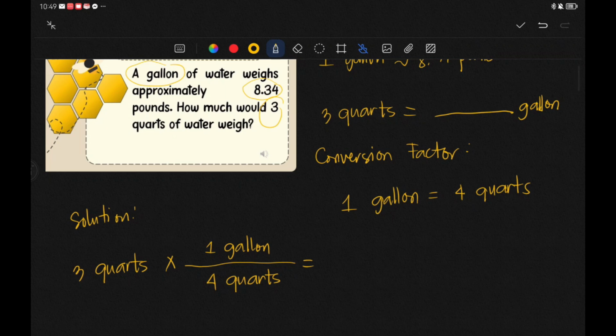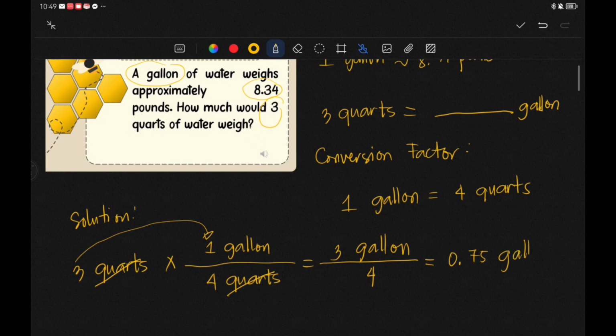So 3 times 1, that's 3. Cancel out quarts. 3 gallon over 4. If you are going to divide this one, we are going to have 0.75 gallon.